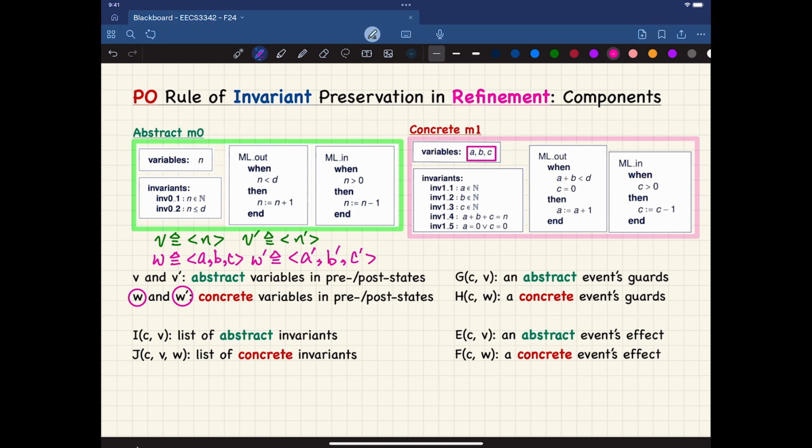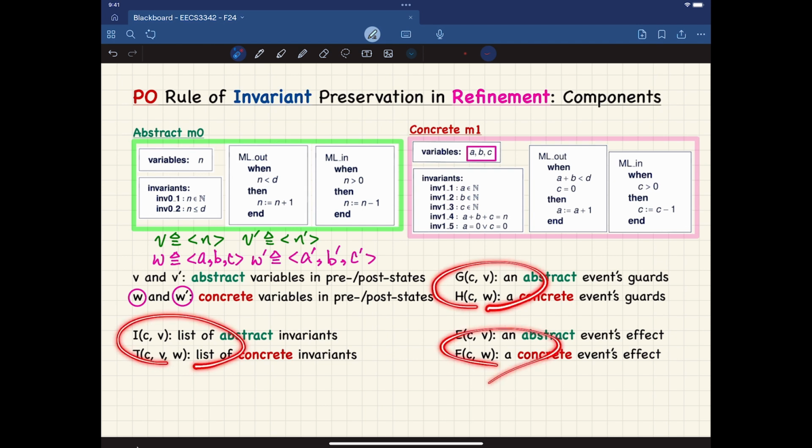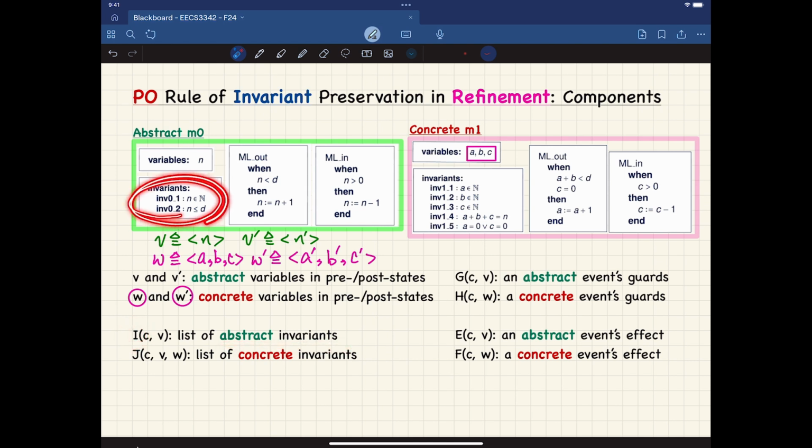And we have another 3 groups: invariants, guards, and effects. Let's go one by one. This group over here talks about invariants. We distinguish between I, which is called the abstract invariants, the invariants from this world over here. When I has no index, we are talking about all the invariants over here. What you want to notice is that the C here is the constants, and the V over here is the abstract variables.